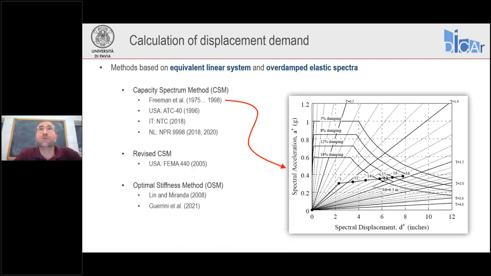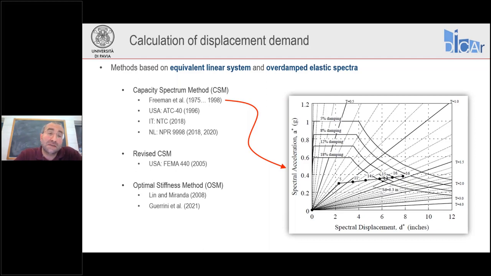I was saying we have two main families of methods for calculating displacement demands. The first family is based on equivalent linear systems and makes use of overdamped elastic spectra. Basically, we need to define secant periods and equivalent viscous damping. The first method developed in this family was the capacity spectrum method.